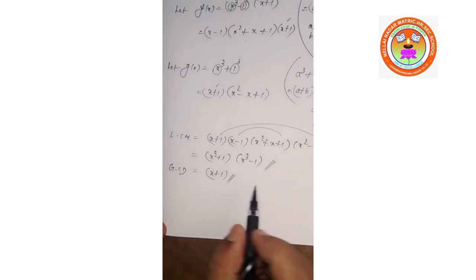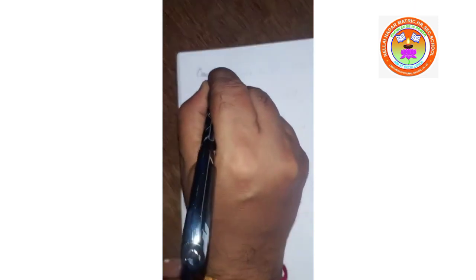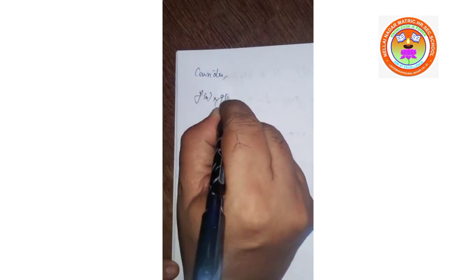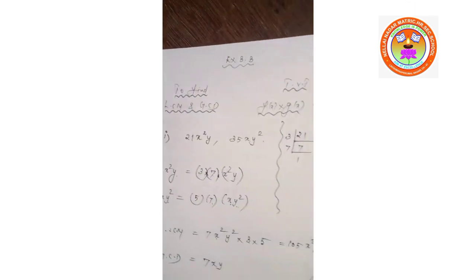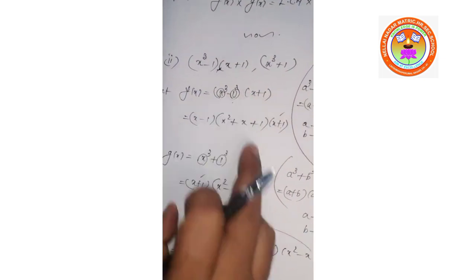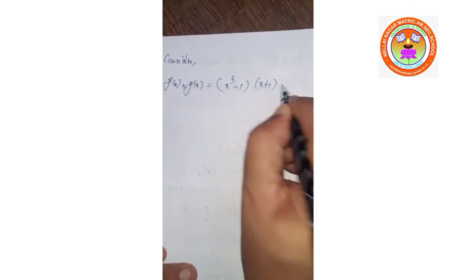GCD are over. Now we have to verify that LHS and RHS are equal. Consider f of x into g of x. f of x is x cube minus 1 cube into x plus 1, into g of x, which is x cube plus 1 cube.